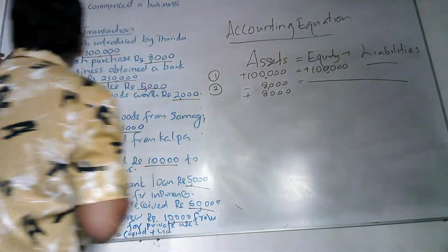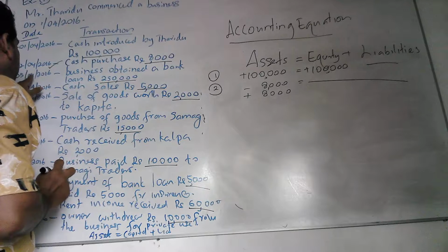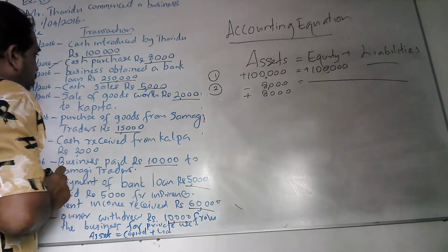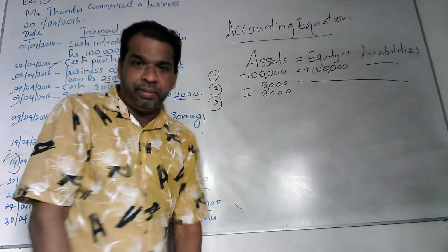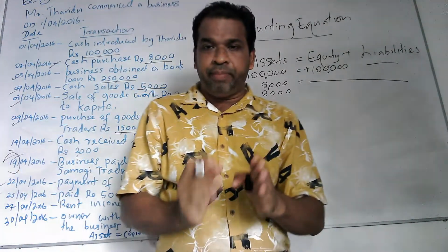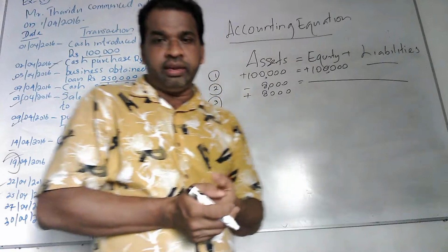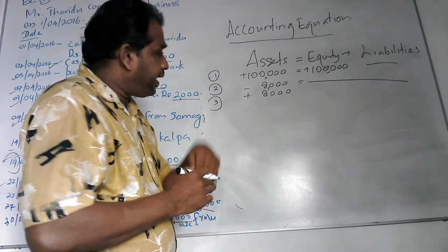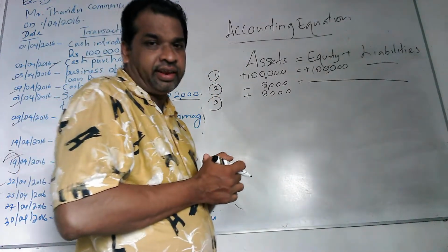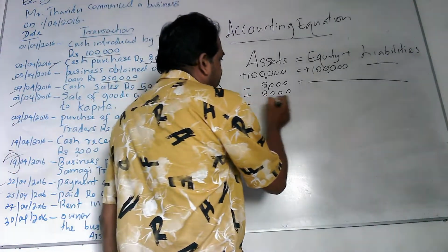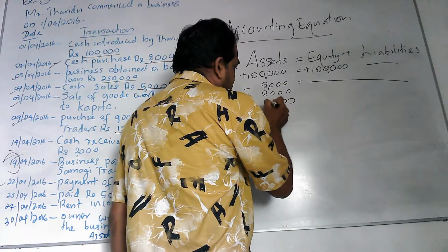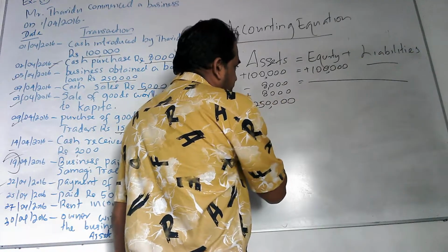Okay, then the third transaction, 5th April, the business obtained a bank loan for 250,000. When a business takes a bank loan, money comes in. Therefore, cash asset increases by another 250,000. Plus 250,000.